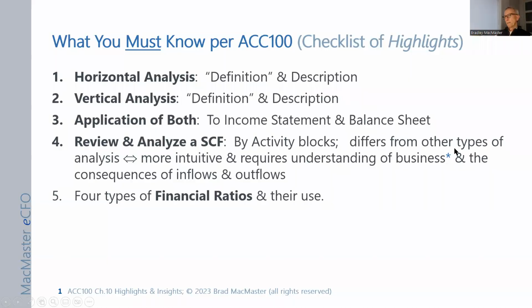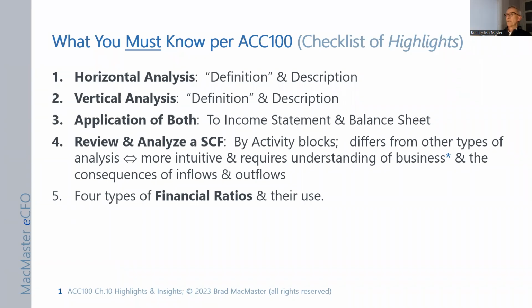What the creators of the textbook suggest you must know to be able to respond to questions on exams and quizzes. You need to understand how to perform a horizontal analysis on both the income statement and the balance sheet. Likewise, you need to be able to perform a vertical analysis on the balance sheet and the income statement as well.